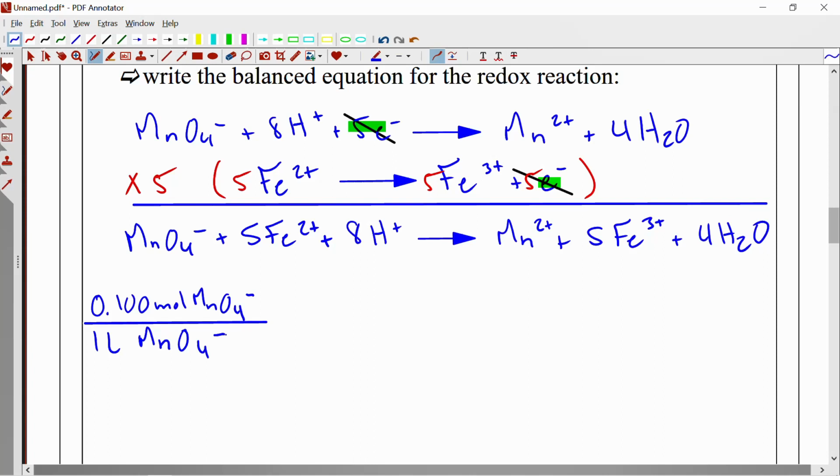So the potassium permanganate was 0.1 moles per liter. That's a salt. When it dissociates, we get 0.1 moles per liter of permanganate. So same amount. And I'm going to multiply that by the volume that was required to reach the equivalence point. So 17.52 milliliters.